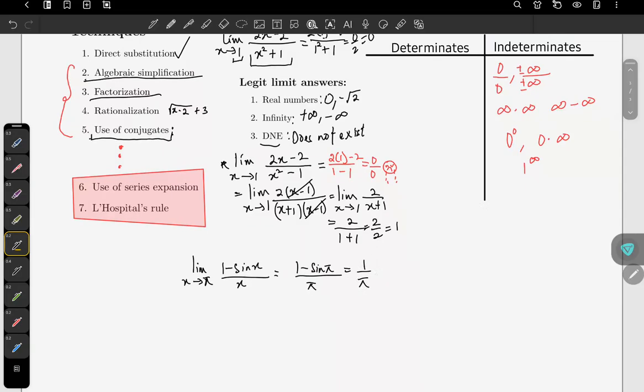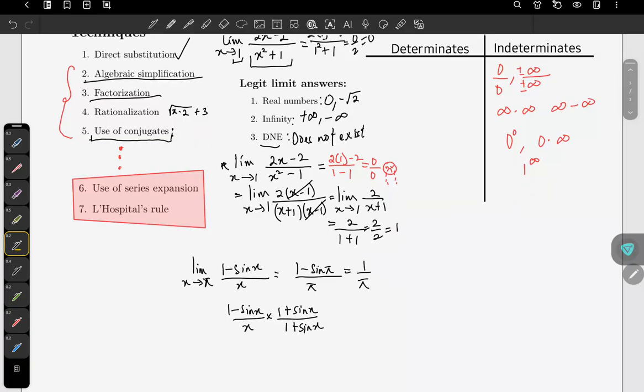Sweet. But in a case where we substitute directly and we get one of the indeterminate forms, then we can find a simplification of this function by multiplying by the conjugate of 1 minus sine x, which is going to be 1 plus sine x over 1 plus sine x. And hopefully things turn out to be nice.